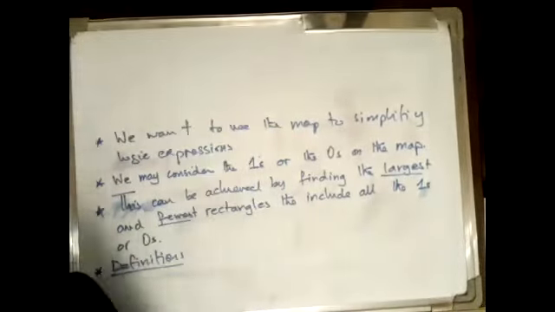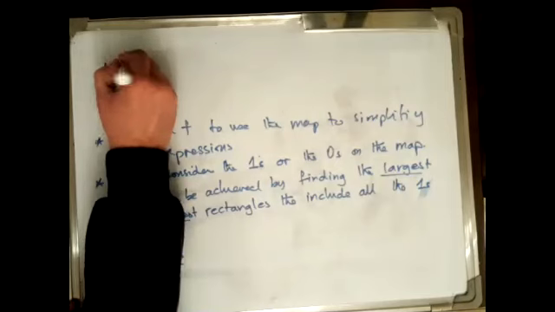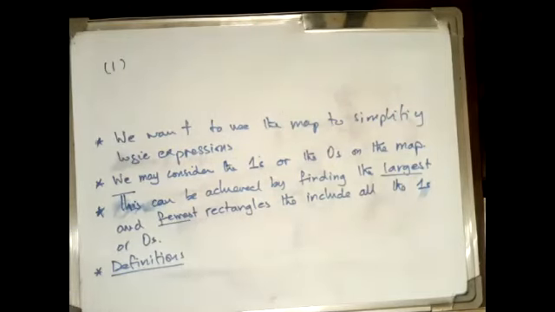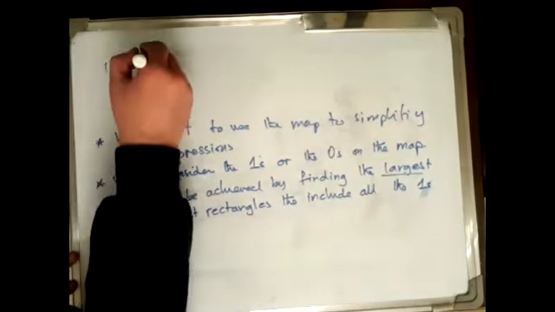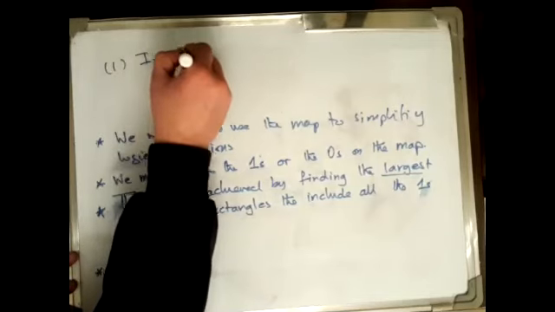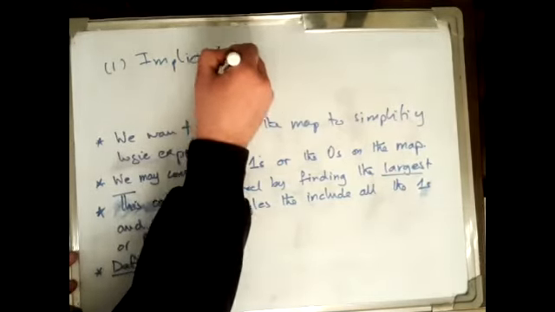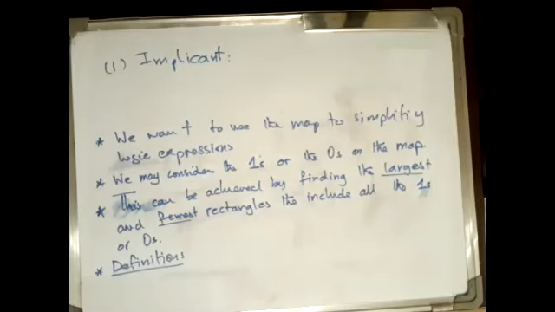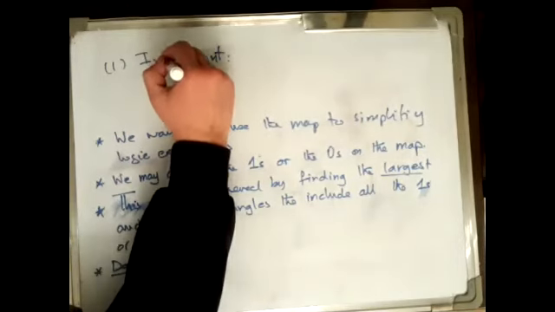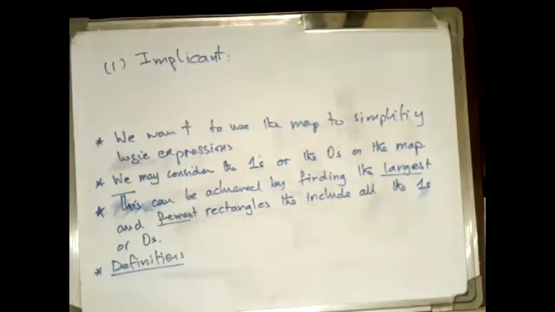Number one is the implicant. Okay, let me write it. Number one is the implicant. What is an implicant on the map?